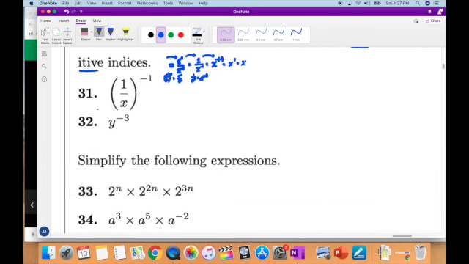So I have y to the power of negative 3 to a positive indice. What'll that be? Quick, you don't even have to do any steps for this. 1 over y to the power of 3. That is a straight rule. The rule is a to the power of negative m is equal to 1 over a to the m.